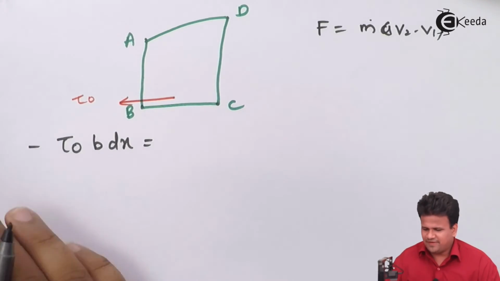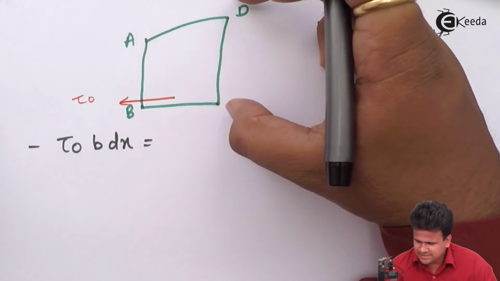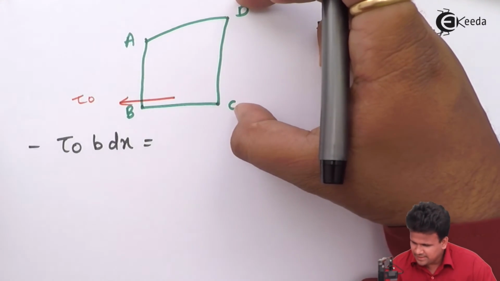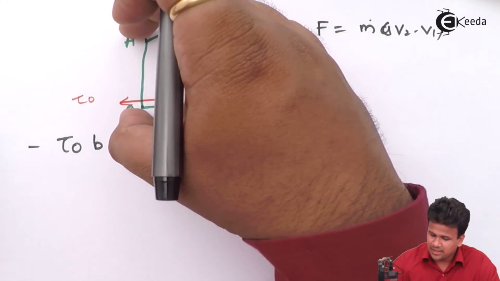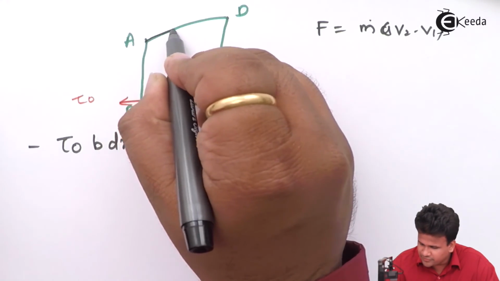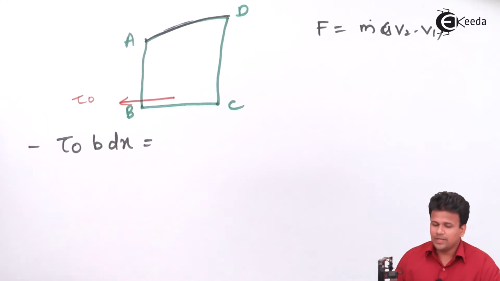Over here the final momentum, which is the momentum of DC, minus the initial momentum, that is the momentum of AB, minus the momentum which is through AD.